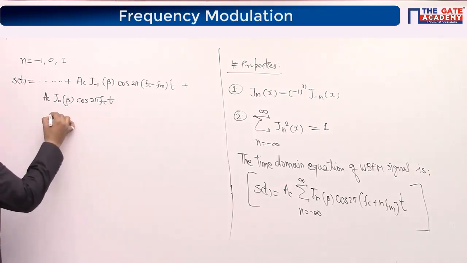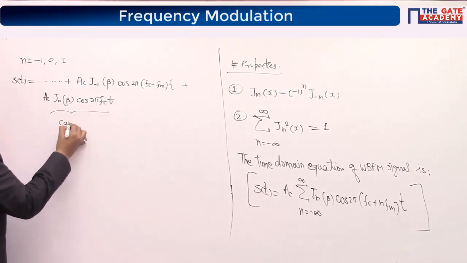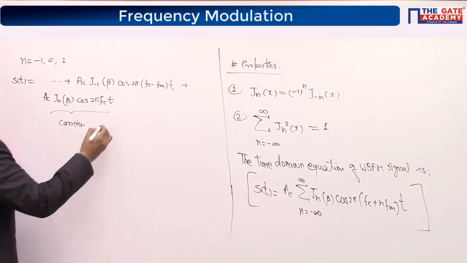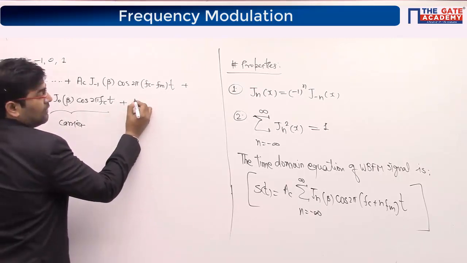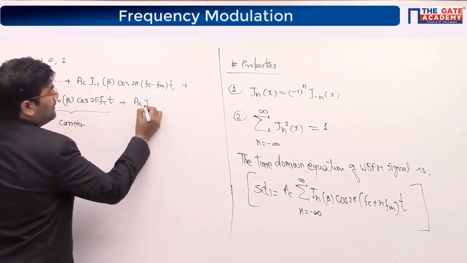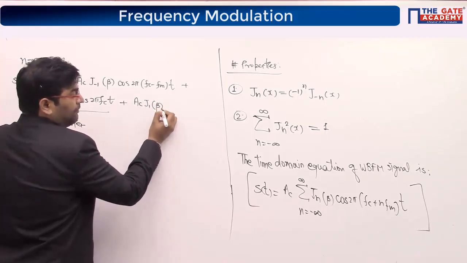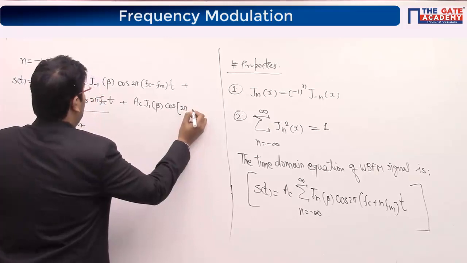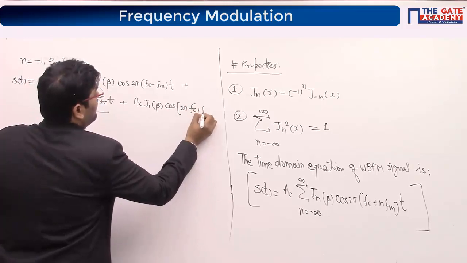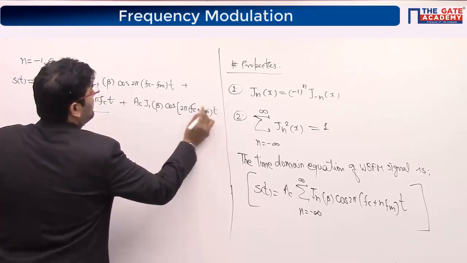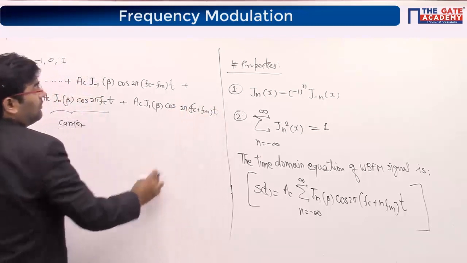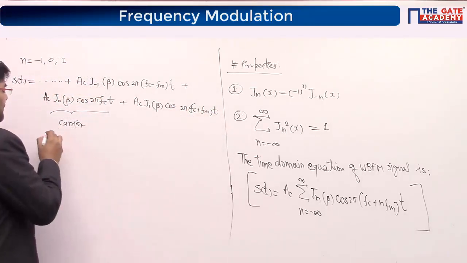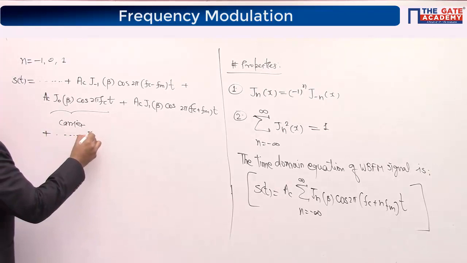This is your carrier, plus Ac J1 beta cos 2 pi (fc plus fm) t, right? And plus so on.